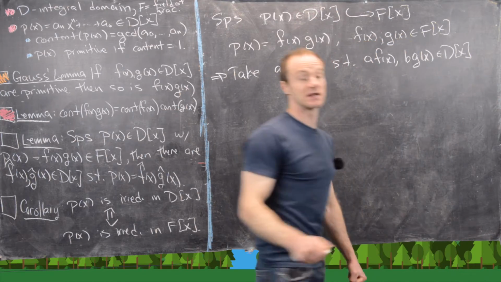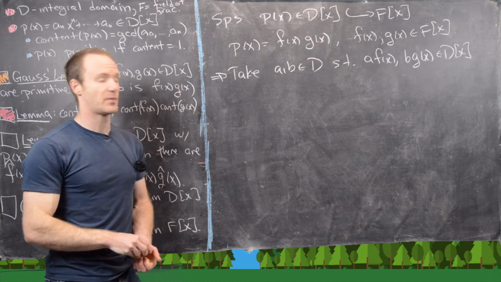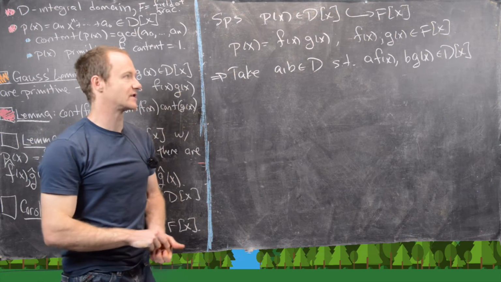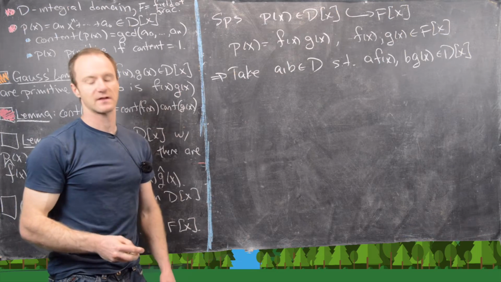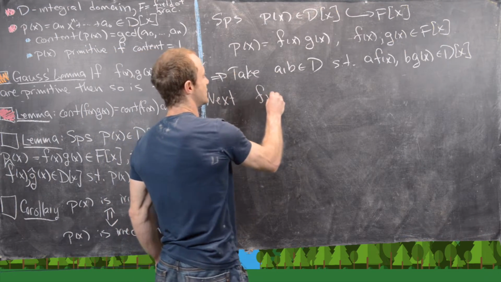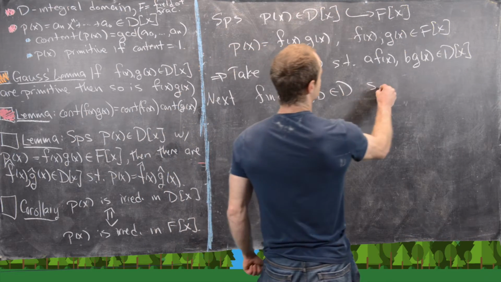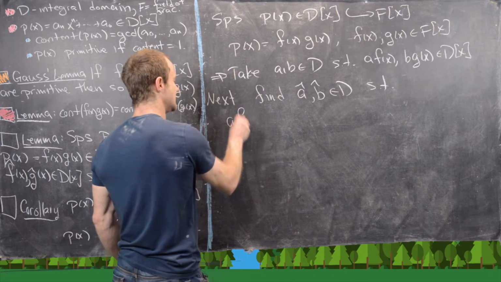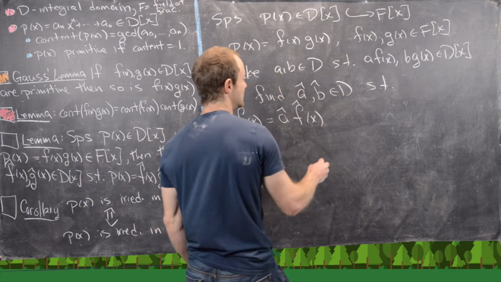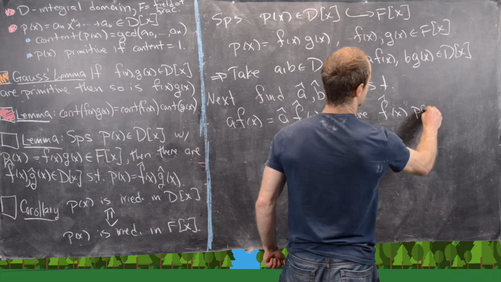So in other words, that clears the fractions of the coefficients inside of the polynomials. So you can think of these as the LCMs of the denominators of the coefficients if you want to do something like that. Okay, so now the next thing that we want to do is find a hat and b hat in D so that we can write a times f(x) equals a hat times f hat(x), where f hat(x) is primitive.